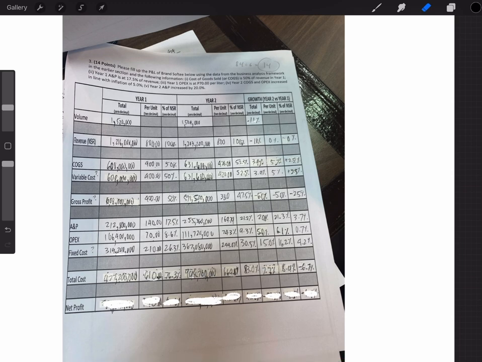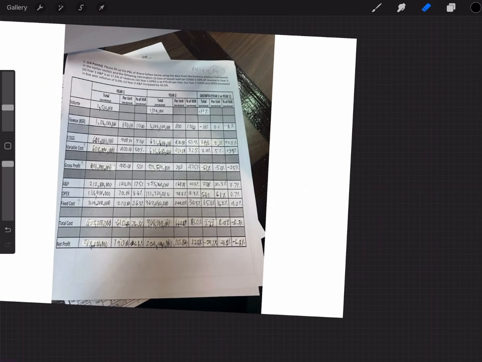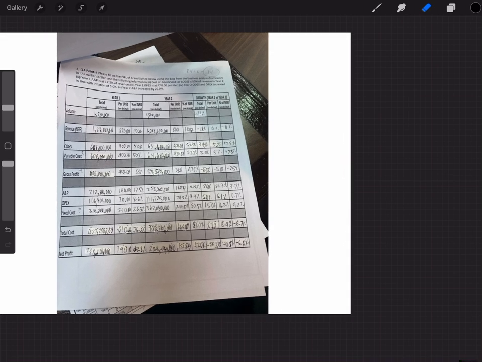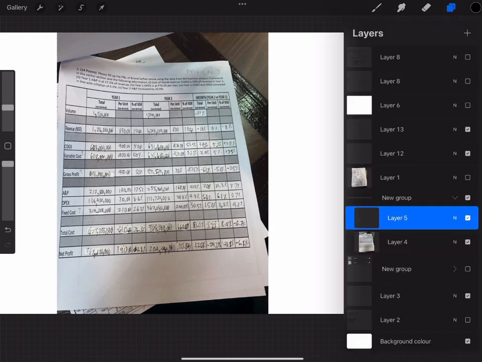And then with those total costs, we are going to determine the net profit by subtracting it from the revenue. Okay. And that should be it for the most part.